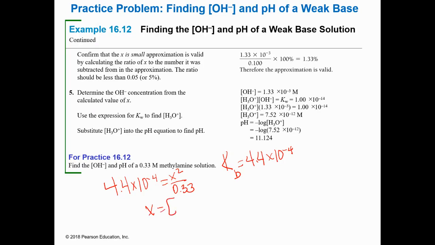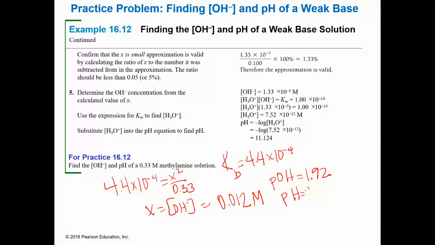So x, which is OH-, I get 0.012 molar. So then we take the negative log to get pOH, 1.92, which means our pH is 12.08.